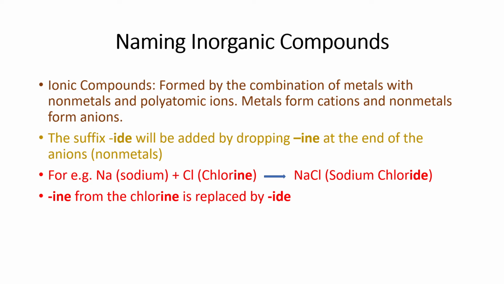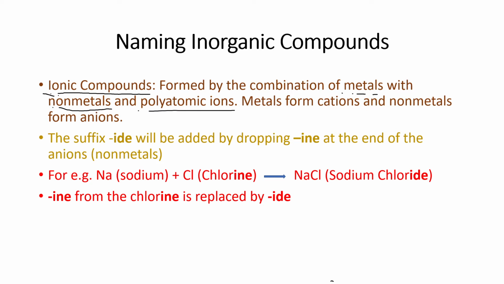Okay, so let's learn how to name the inorganic compounds. There are two types of compounds, ionic compounds and covalent compounds. The ionic compounds are formed by the combination of metals with non-metals, or polyatomic ions.